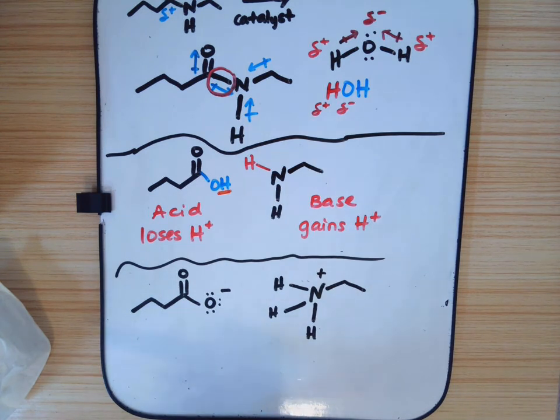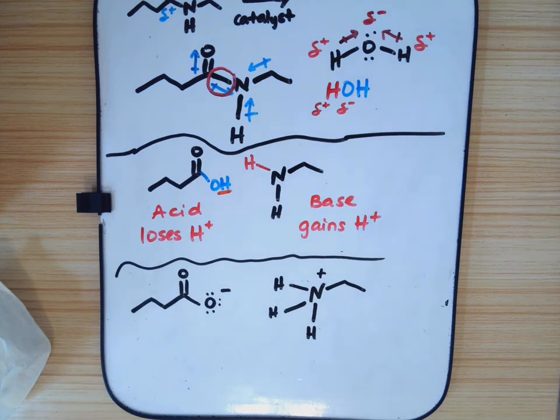You would normally be finished. However, carboxylic acids are weak acids, amines are weak bases. Anytime an acid and a base are in the presence of one another, an acid-base reaction will take place. So that proton will be removed or lost from that carboxylic acid, but the base, which is your amine, will then gain the proton.